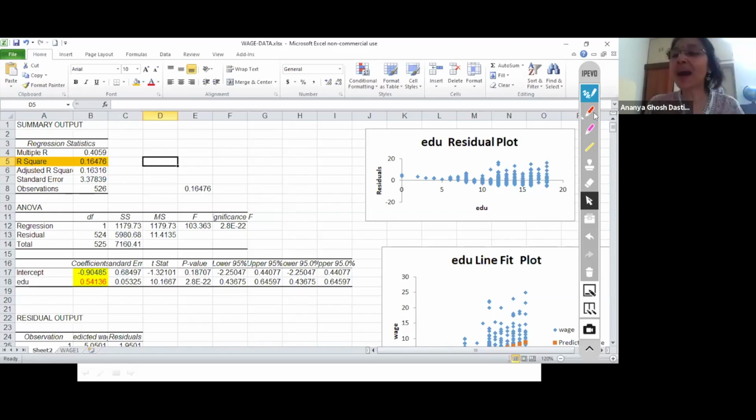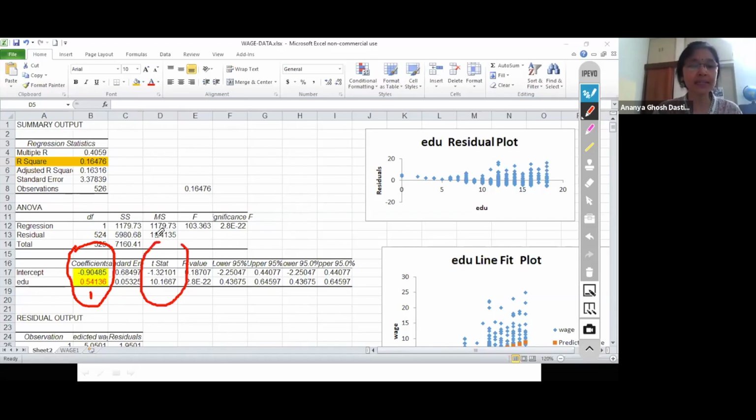The answer to this question, first of all, lies over here. It lies in the magnitude of your estimated coefficients. That's the first part of this answer. How well am I doing? The second part lies over here, in circle number 2. What is the statistical significance of your variables?